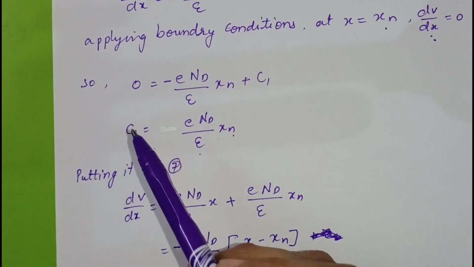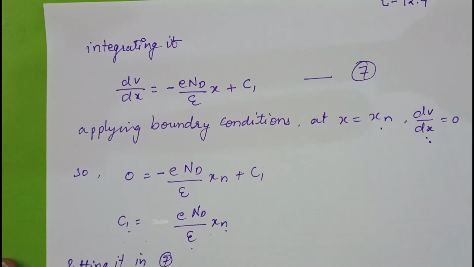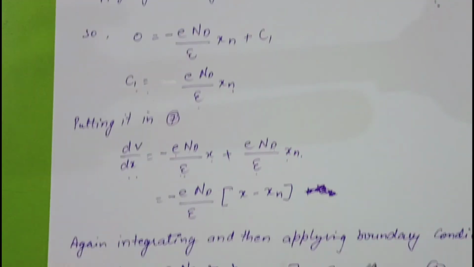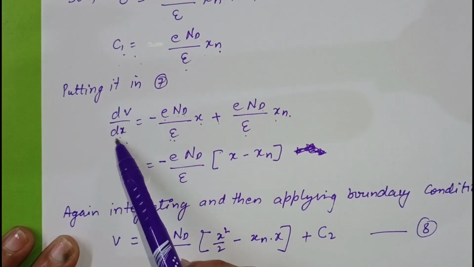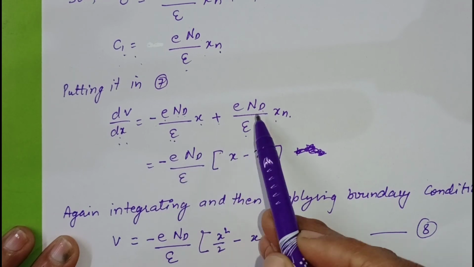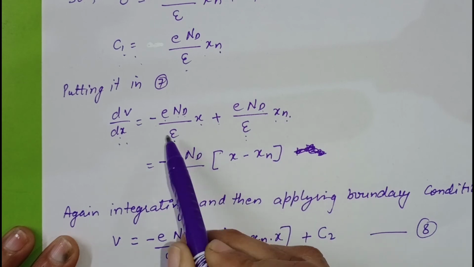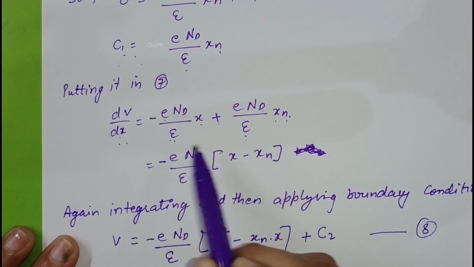Now we will again put this value of C1 in equation 7. So we will get dV upon dx equals E Nd upon epsilon into x plus E Nd upon epsilon into xn. We will take this term common.